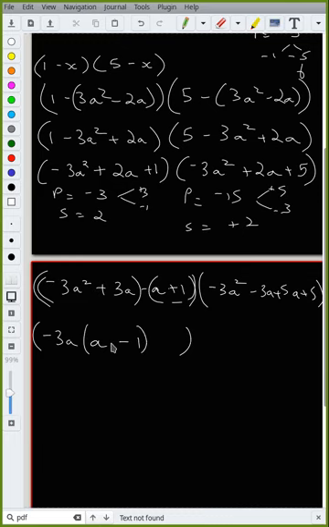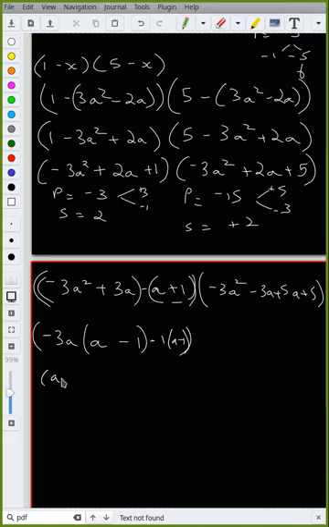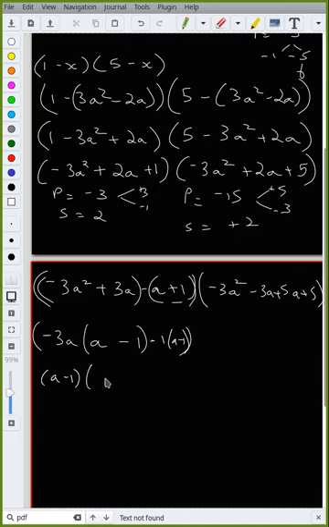But we need a plus. So we get minus 1 into a minus 1. So that is nothing but a minus 1 into minus 3a minus 1, right? You got this? Yes.